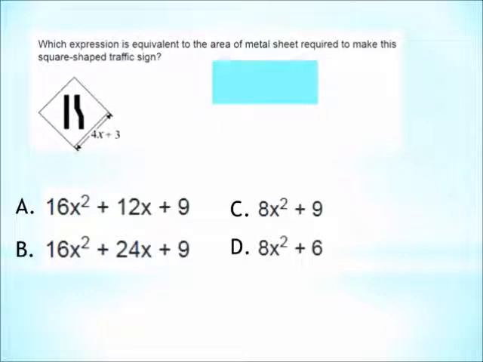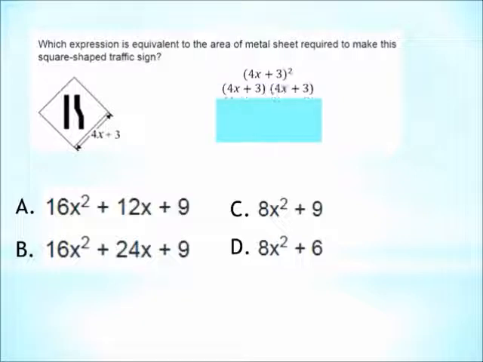Which expression is equivalent to the area of a metal sheet required to make this square-shaped traffic sign? Remember, area is length times width. We start out with, it's square, so 4x plus 3 squared. From there, it can be represented as 4x plus 3 times 4x plus 3.